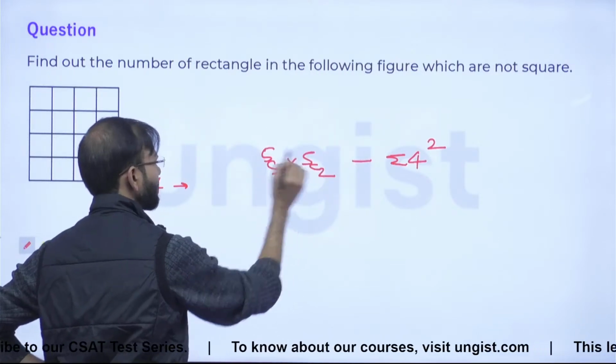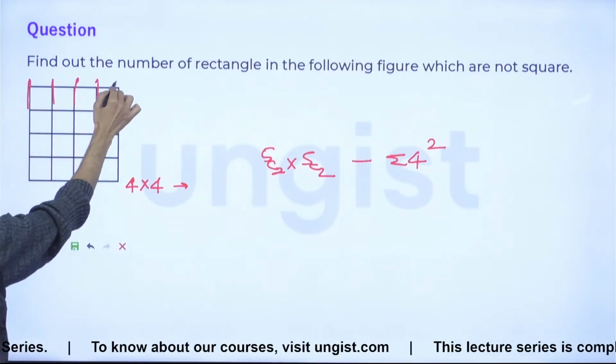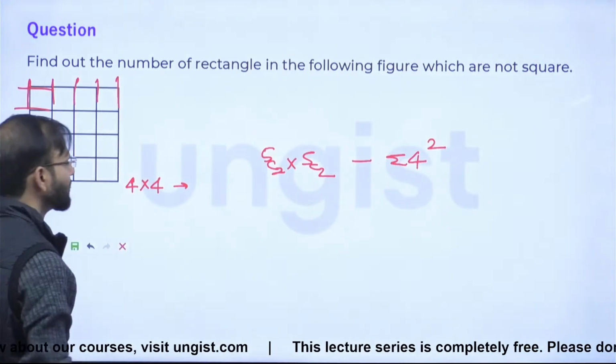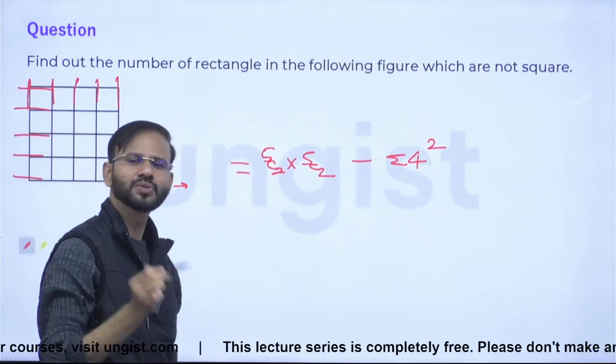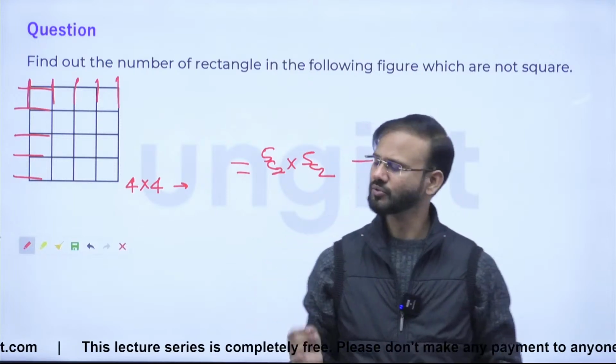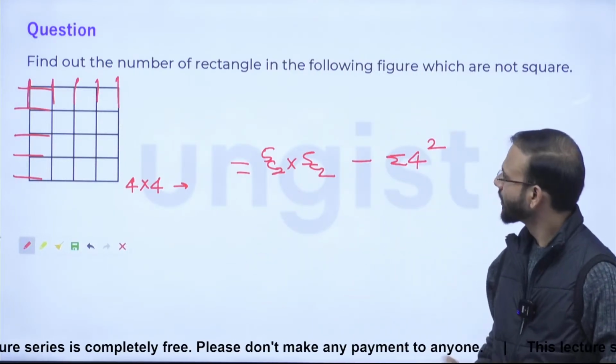Why? Because here, देखिए, just count them. 1, 2, 3, 4, 5. 1, 2, 3, 4, 5. So to form a 4 by 4 order square grid, we need 5 lines. So to form an n by n order square grid, we need n plus 1 lines. Correct? Now guys, what is 5c2?